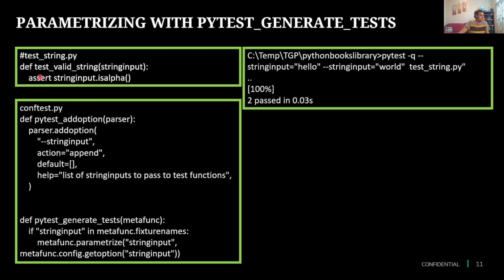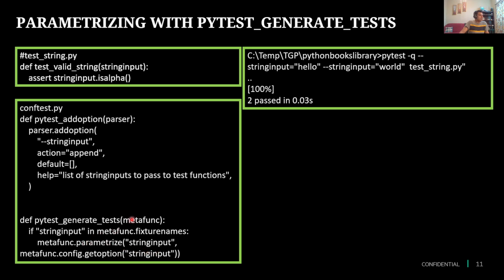To understand it, I have one test_valid_string function and we want to test this function. To test it, we are going to use pytest_generate_tests. There we are saying that for the string_input, just look into the metafunc fixture name, and in metafunc.parametrize, look for string_input. And as many string inputs as we have, read the data and run the test cases.